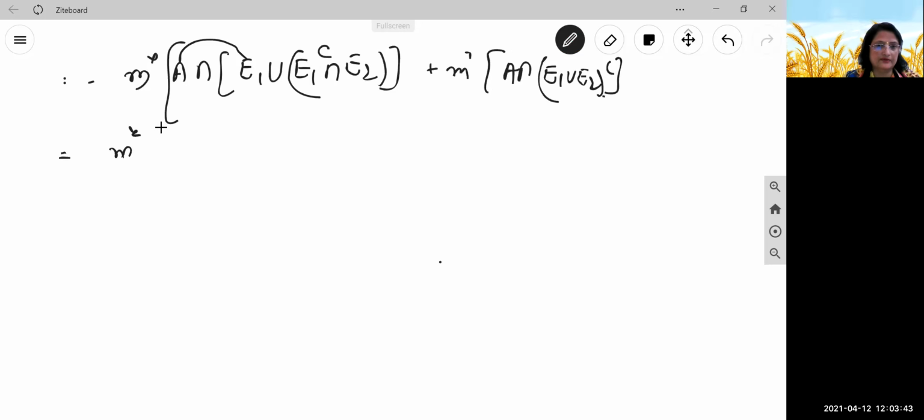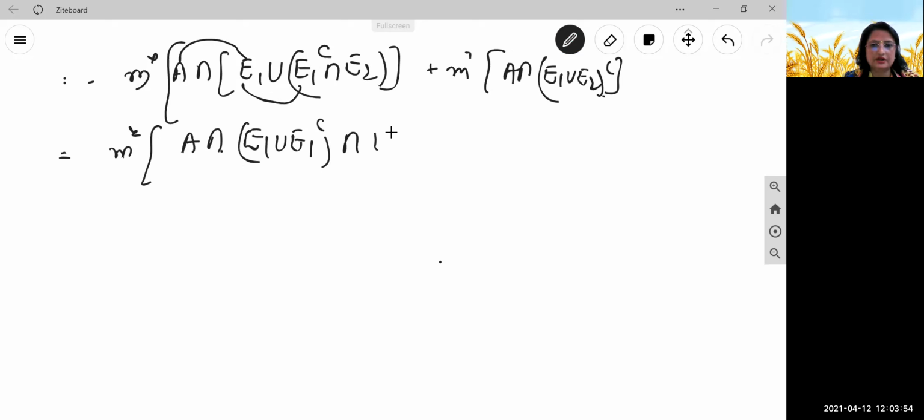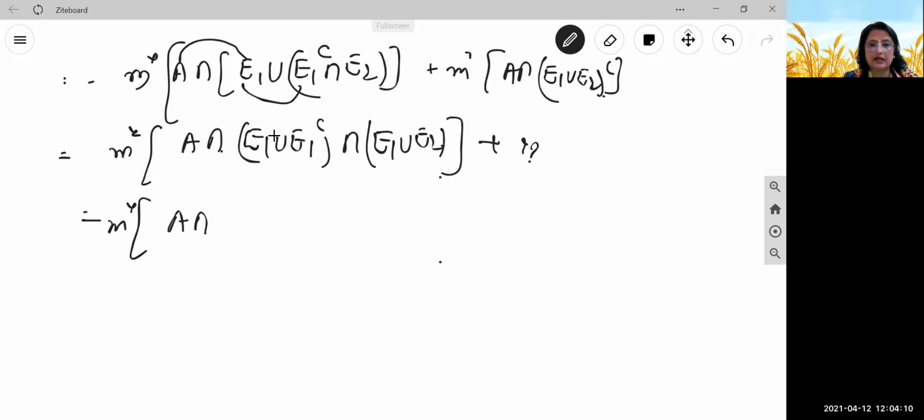So this is equal to m star A intersection, अब इसको ओपन करेंगे, E1 union E1 complement, right? E1 बीच में इंटरसेक्शन, देन E1 union E2, इस तरह से हमने इसको ओपन कर लिया, ठीक है जी? प्लस ये वाला एज इट इज। सो दिस इज m star A intersection, एक सेट है साथ में उसका कॉम्प्लीमेंट, तो ये बन गया R, राइट?